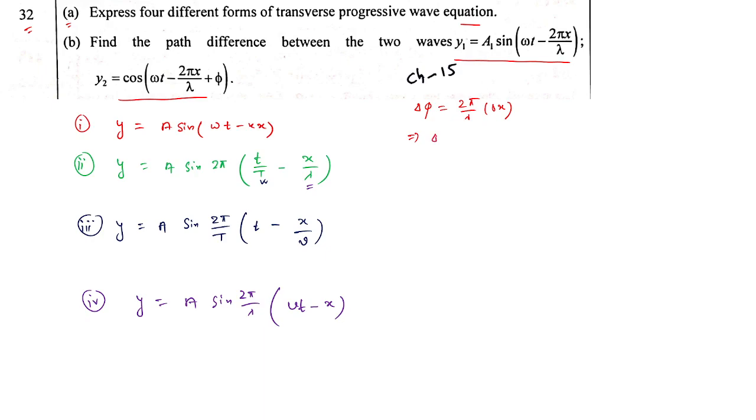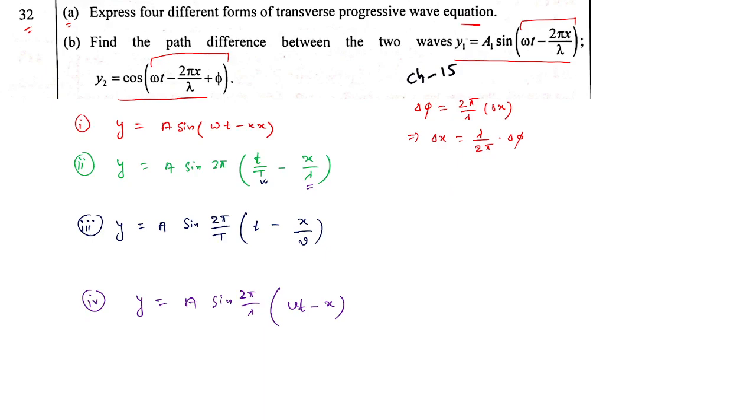Similarly, from this equation we can get the path difference Δx = λ/2π × phase difference. So if we subtract the two phases, we will get the phase difference and hence the path difference, correct?